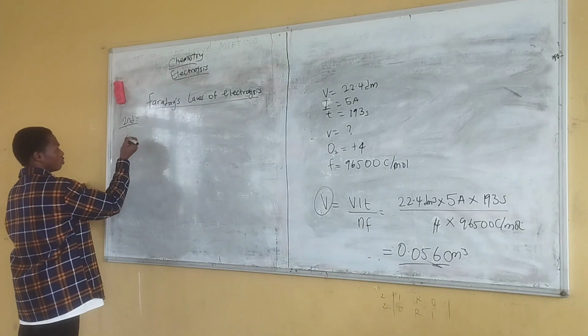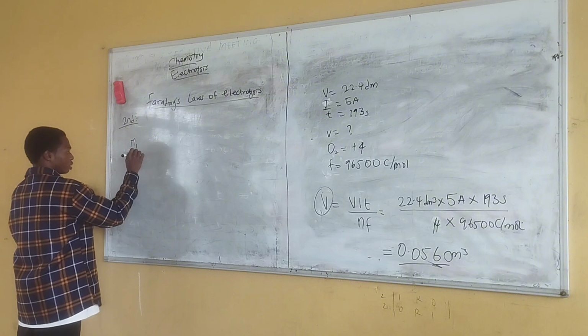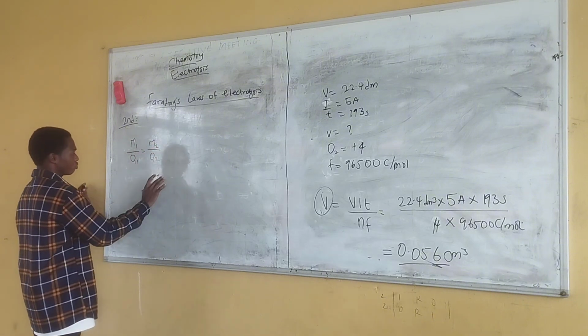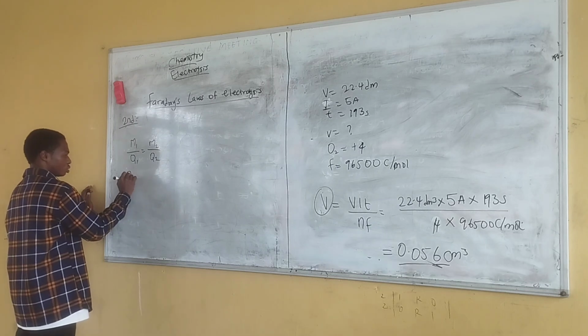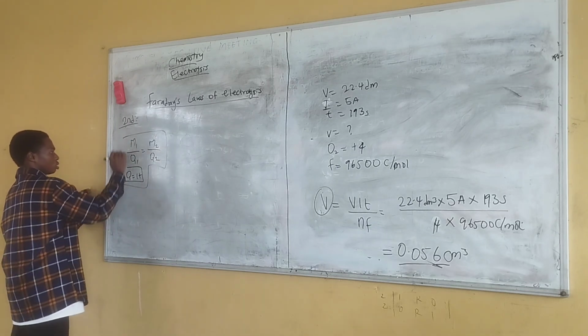The formula you use to solve the second law is M1 over Q1 is equal to M2 over Q2. That's how you solve it. Note that Q is equal to IT. So this is the formula you use to solve second law.